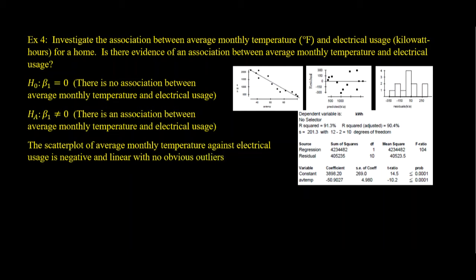Now we have a residual plot there. It looks pretty spread out. I don't really see a pattern. With more points, it'd be more spread out, but it's pretty decent.